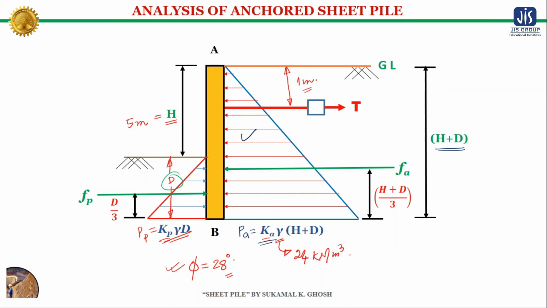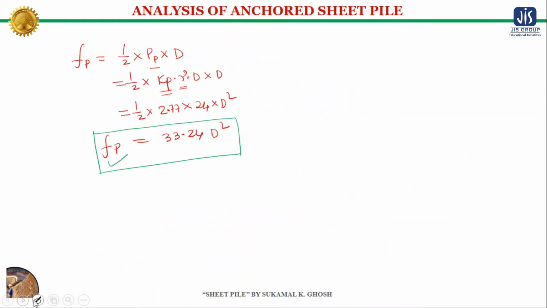Either you can equate the overturning moment that is produced by this Fa with the restoring moment that is produced by this Fp, or you can calculate all the moments about the point B or A. Let me use the second method. Let me take moment about the point B.